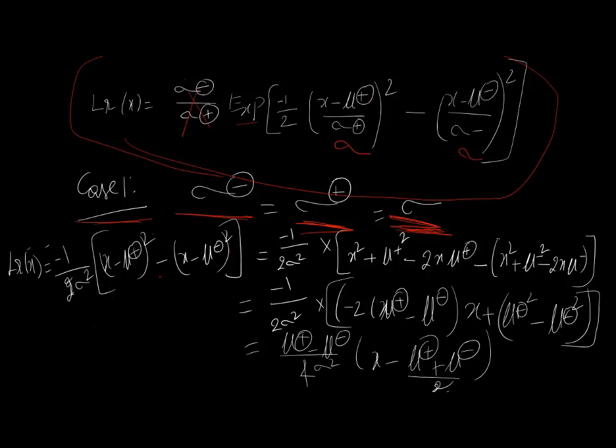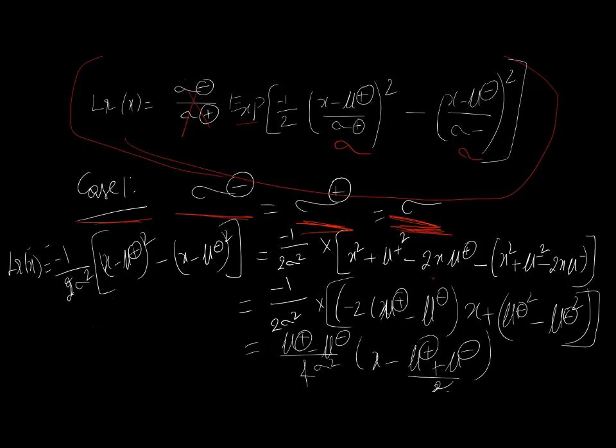That can also be written by expanding, because (a minus b) whole square is equal to a square minus 2ab plus b square. So we get x square plus mu positive square minus 2x mu positive, and it can be written as minus 1 by 2 rho square into minus 2.